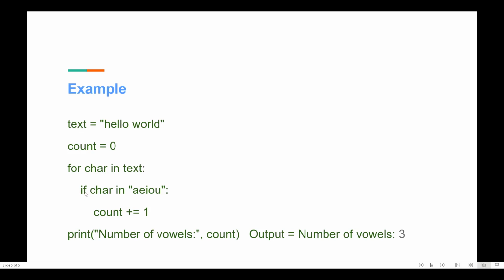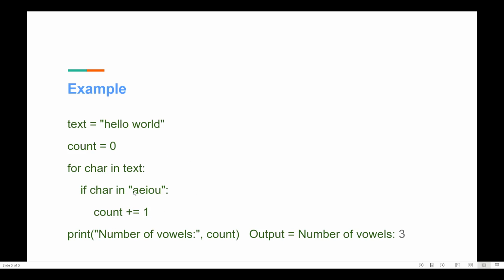Now we will use an if conditional statement. If char, now we are accessing each and every letter which is there inside the text variable, is in A, E, I, O, U. So if we are getting A, E, I, O, U in this hello world, what we will do? count += 1.